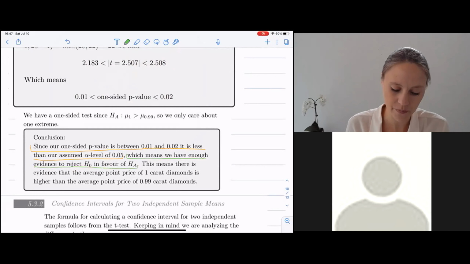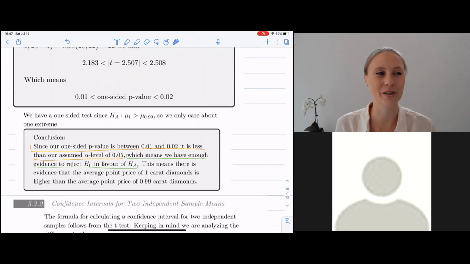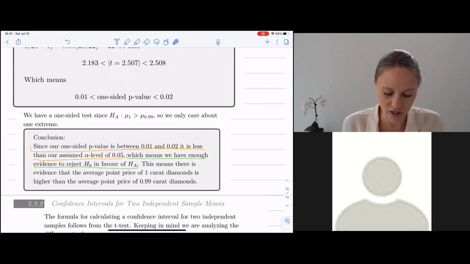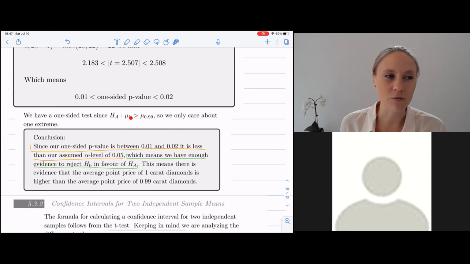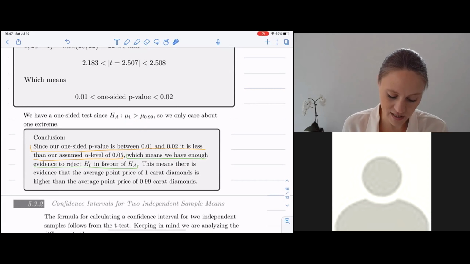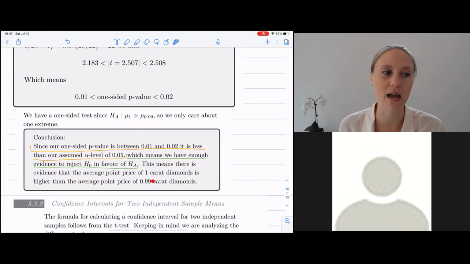And then what does that mean in terms of the question? Well, if we're rejecting H naught in favor of mu1 being larger than mu of 0.99, this means that there is evidence that the average point price of 1 carat diamonds is higher than the average point price of 0.99 carat diamonds.